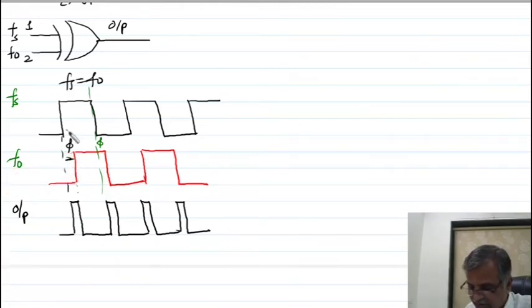So during this time interval, Fs is high and Fo is low, so the output is high, because for an exclusive OR gate, when both inputs are at different levels, the output is high. So I can draw the output waveform as shown in the figure. This shows that as phi increases, the output voltage increases.